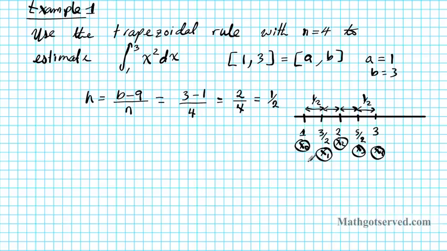All right? So let's set it up. The integral from 1 to 3 of x squared dx is approximately, in this case we're doing t sub 4, and that is equal to h over 2. You know what, let me write down the formula first so that we don't get confused.